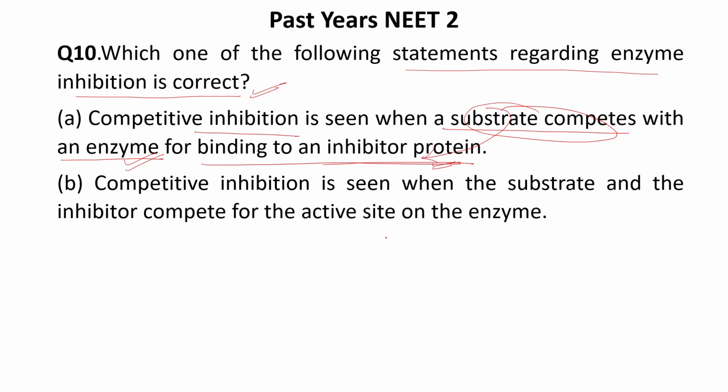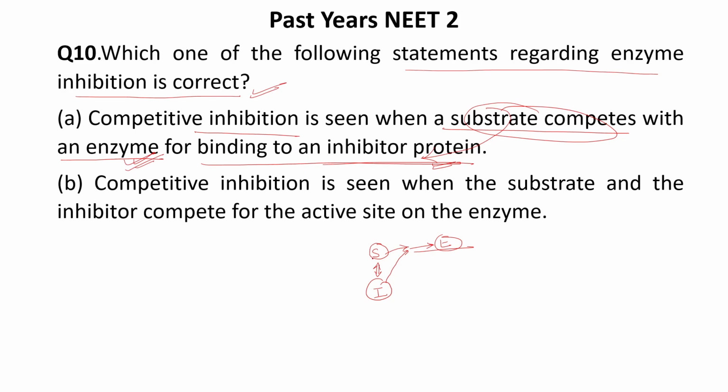Are you getting it? There is a substrate, there is an inhibitor, both are structurally the same. And here we have the enzyme. So this substrate and this inhibitor will compete with each other to bind with the enzyme. What is written here is that the substrate competes with the enzyme for binding to an inhibitor.